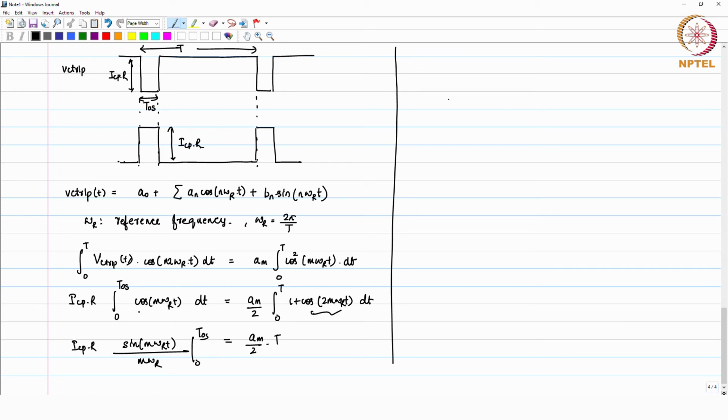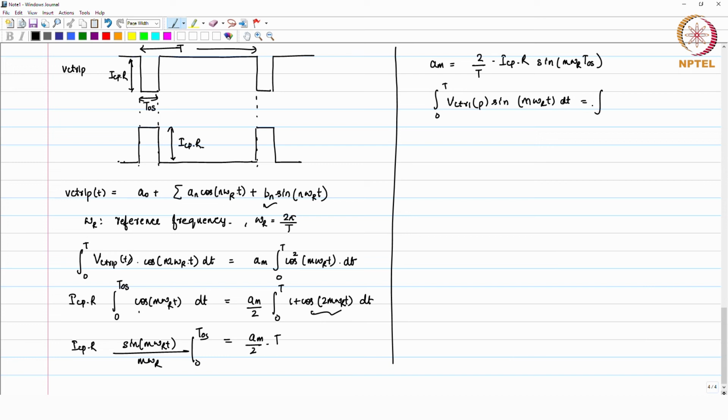So, this is going to give us a m equal to 2 by T times I_CP R, sine of m omega r t offset. This is what we get. To find b m, I will just do the integration with respect to sine: 0 to T of V control P times sine of m omega r t dt.